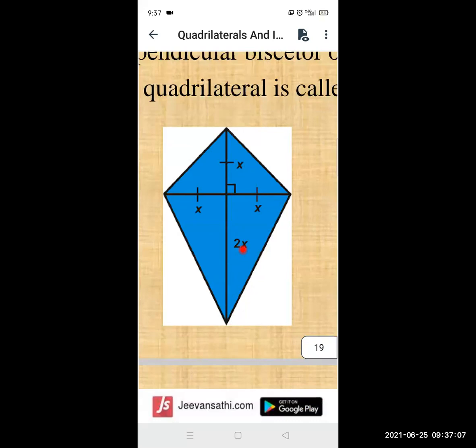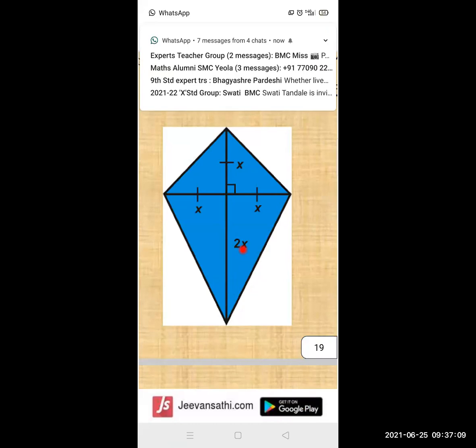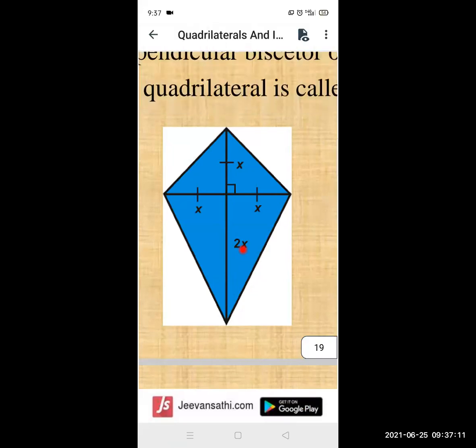These are the two diagonals. If they bisect each other at 90 degrees, this distance and this distance become the same, because they are perpendicular bisectors. It means the diagonal divides the other diagonal into two equal parts. This becomes X, this becomes X. The same value comes to this part, that is also X, and the remaining part from here to here is your twice X. Whatever the value here is, double that value is in this part.